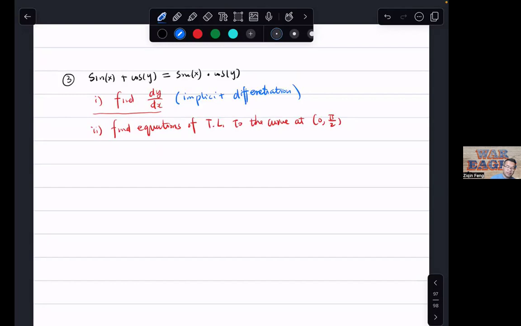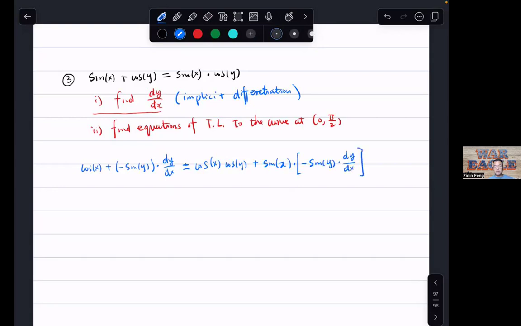So if you differentiate the left side, you get cosine of x plus negative sine of y, then times the derivative of the inner function, which is y, dy over dx, equal to cosine of x times cosine of y plus sine of x times negative sine of y times dy over dx.